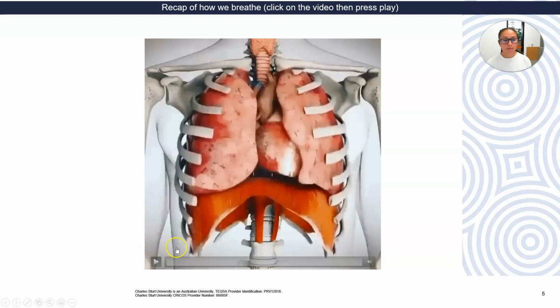Okay, so remember that breathing is all about pressures, the difference in pressures between 2 locations. And air is always going to move from high concentration to low concentration.